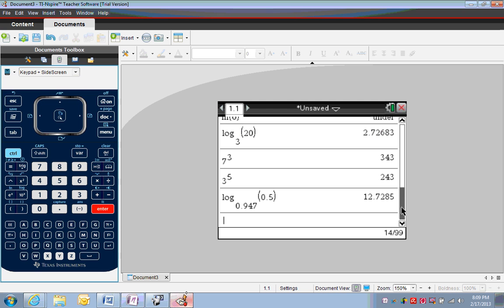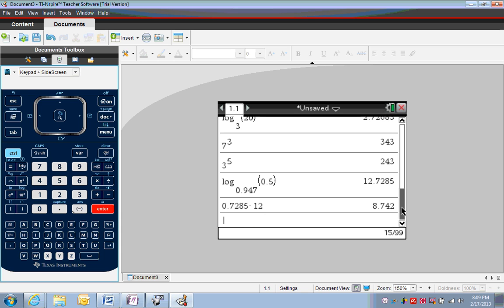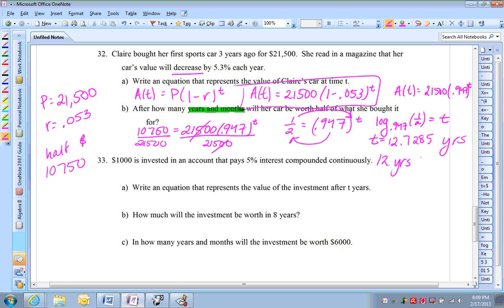So I'm going to go into my calculator and multiply 0.7285 by 12. And you notice that it's about 8.742 months. So I'm going to round that up to 9. So it's going to be 12 years and 9 months for Claire's car to reach half the amount.